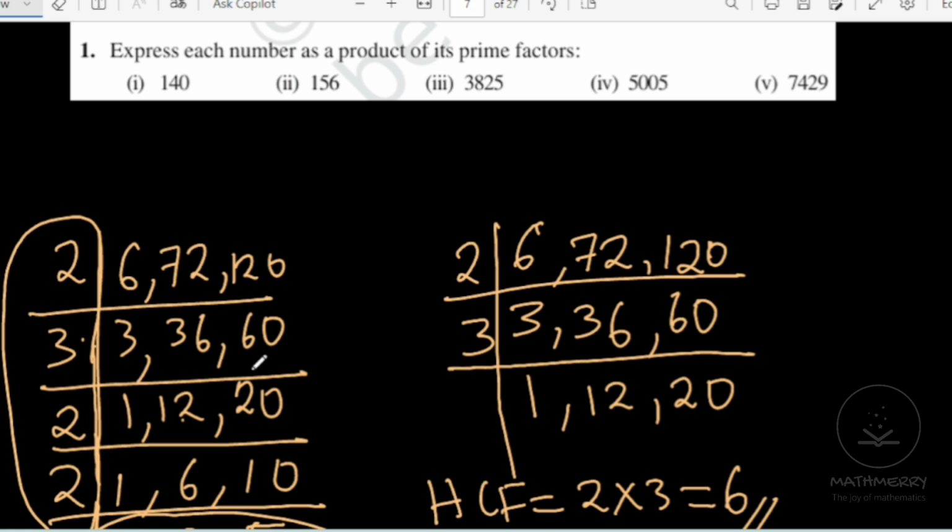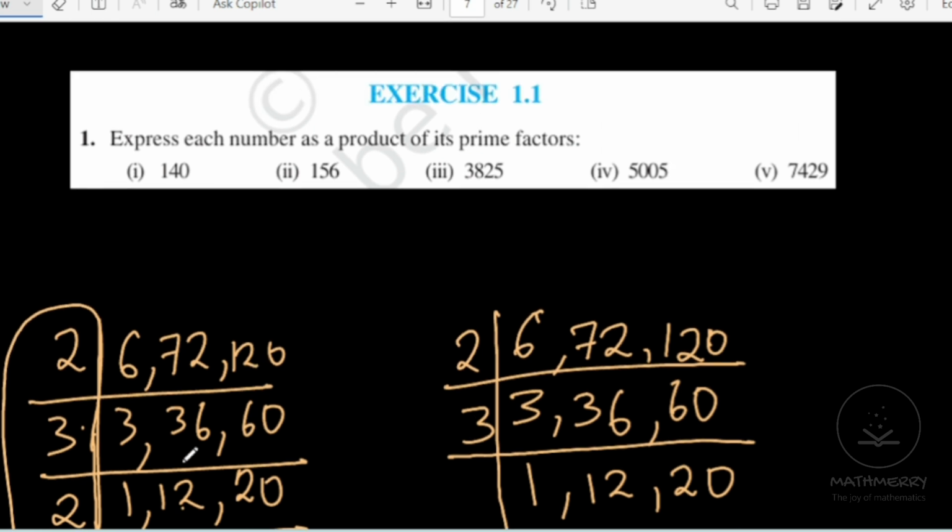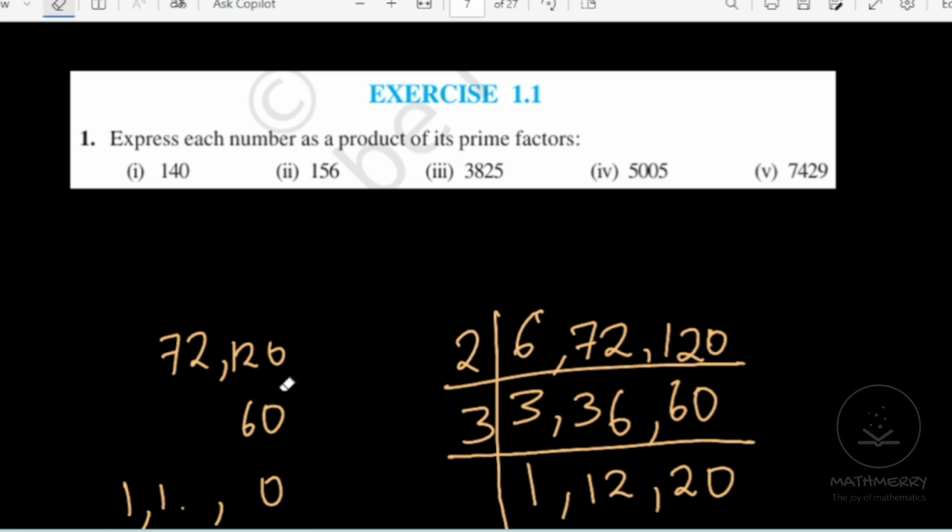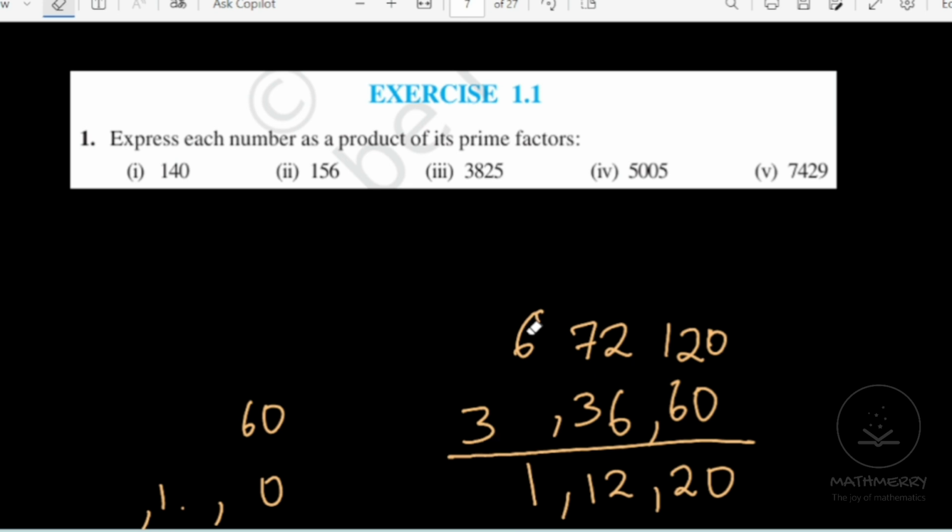Now let's move to the next question, exercise 1.1, which is to express the given numbers as a product of their prime factors. The first number is 140.